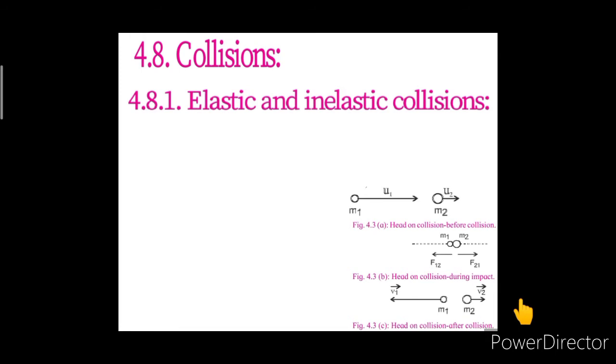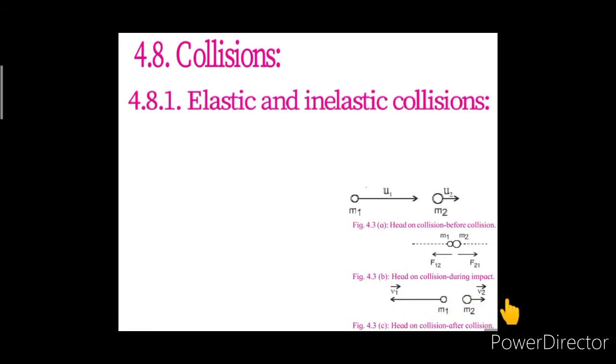Here we had discussed already that the particles having the mass m1 and m2 are moving with their initial velocities u1 and u2. For the interval of time t, both the masses interact with each other and hence exert force on each other.